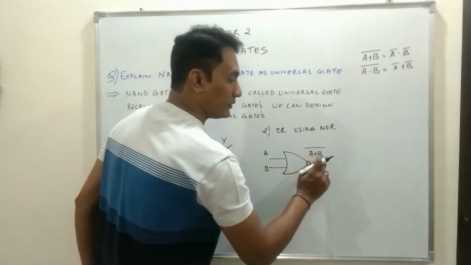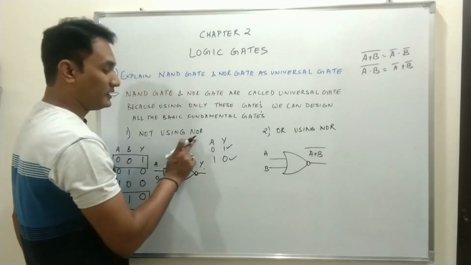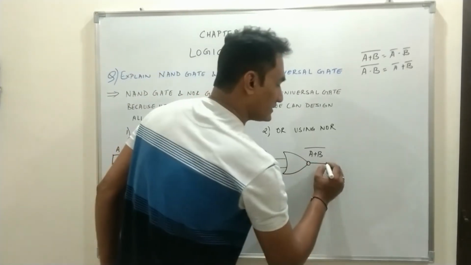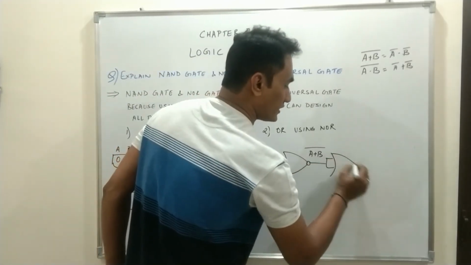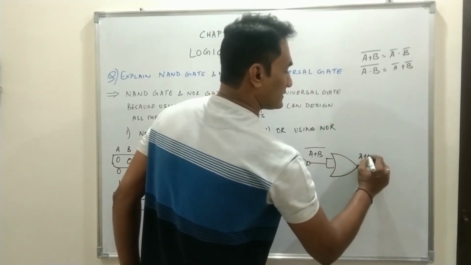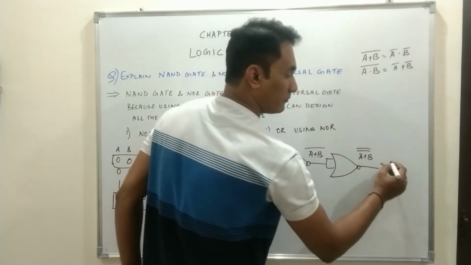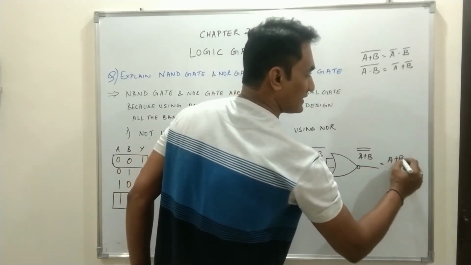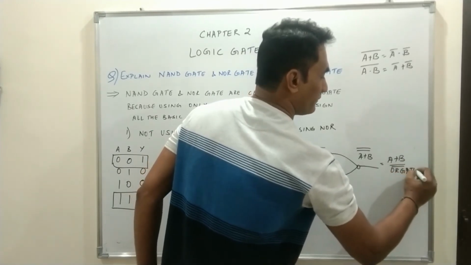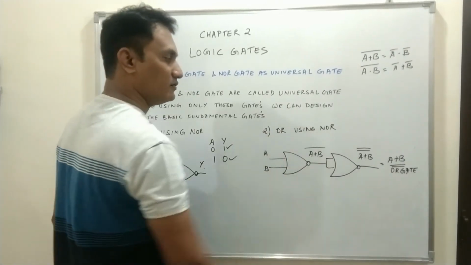To complement you have to use a NOT gate, but you cannot use a NOT gate directly; you know how a NOT gate can be designed using NOR gate by connecting the two inputs. So you design one more NOR gate with two inputs connected together. So this will be A plus B double bar, and the double complement will cancel each other. What is left is A plus B, which is nothing but the OR gate. So this is how OR can be designed using NOR.